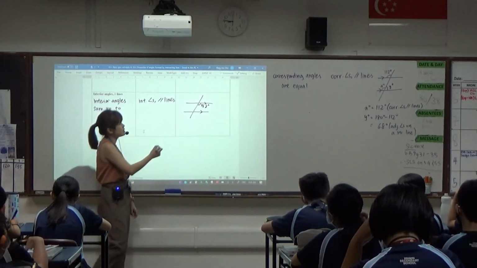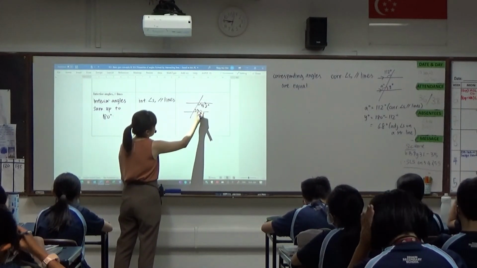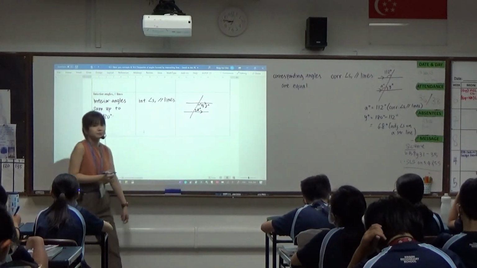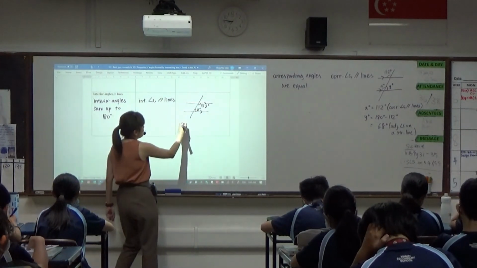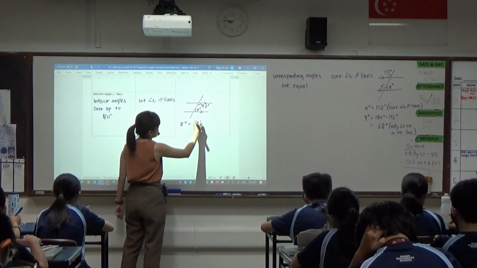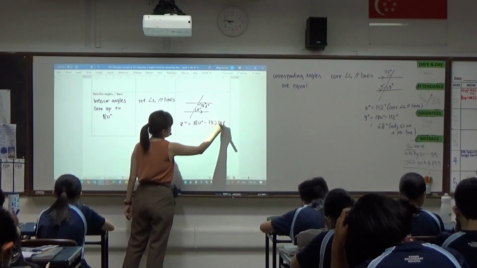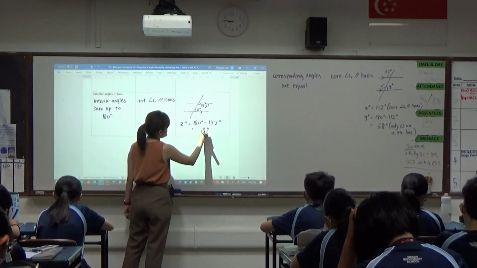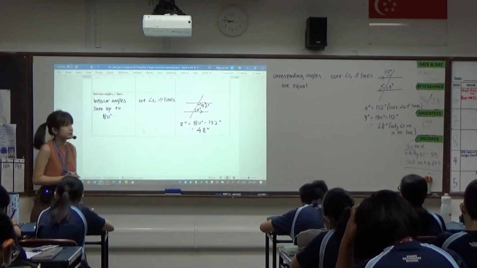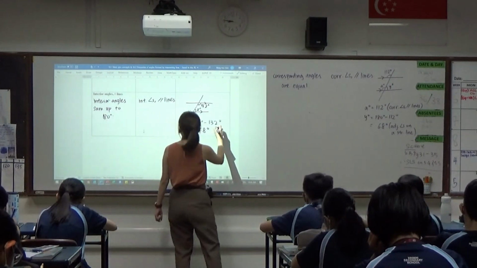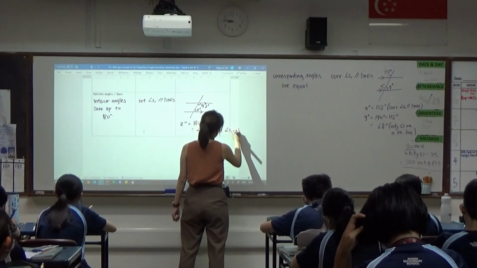Then I want to find out what this angle over here is. Let me call it angle Z. So you have Z degrees equals 180 minus 132 degrees, and we get 48 degrees. The reason that we use will be interior angles, parallel lines.